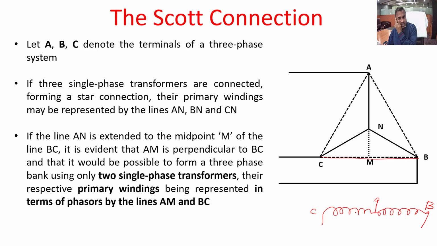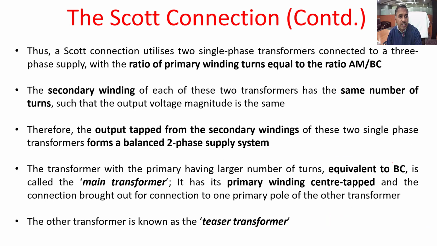That's how the main transformer primary will be there. And here, whatever you connect on AN, the potential will be exactly like AM only, which is perpendicular to BC. So this is how the phasor diagram will be.